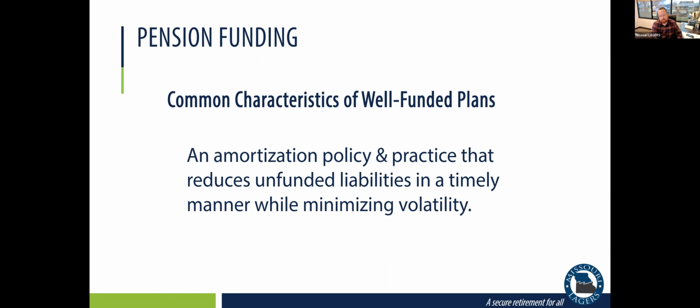Some common characteristics of a well-funded pension plan: an amortization policy and practice that reduces unfunded liabilities in a timely manner while minimizing volatility. The 1% cap minimizes some volatility.